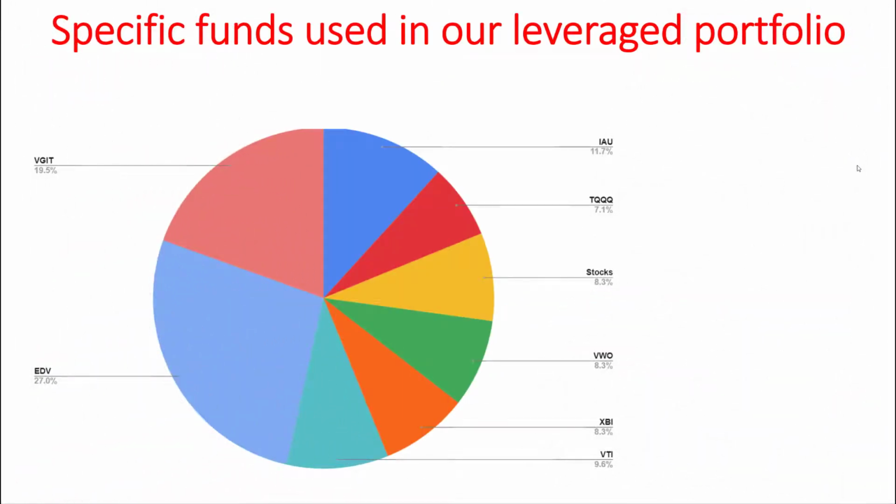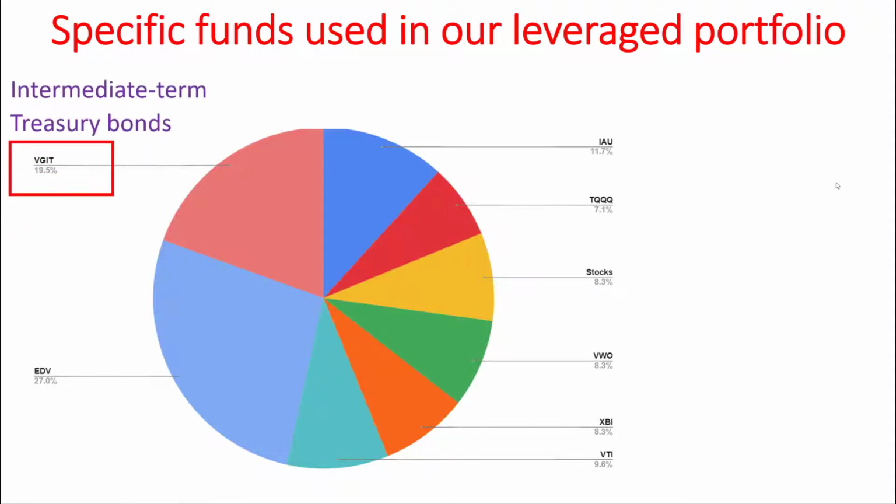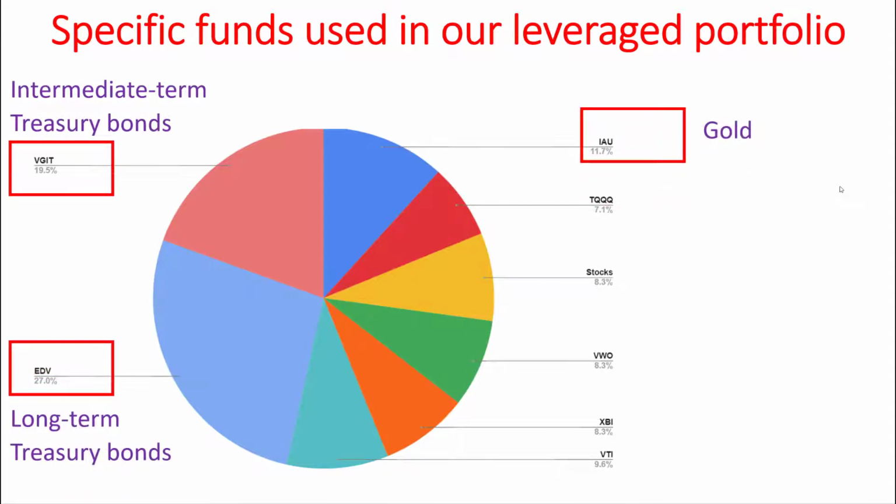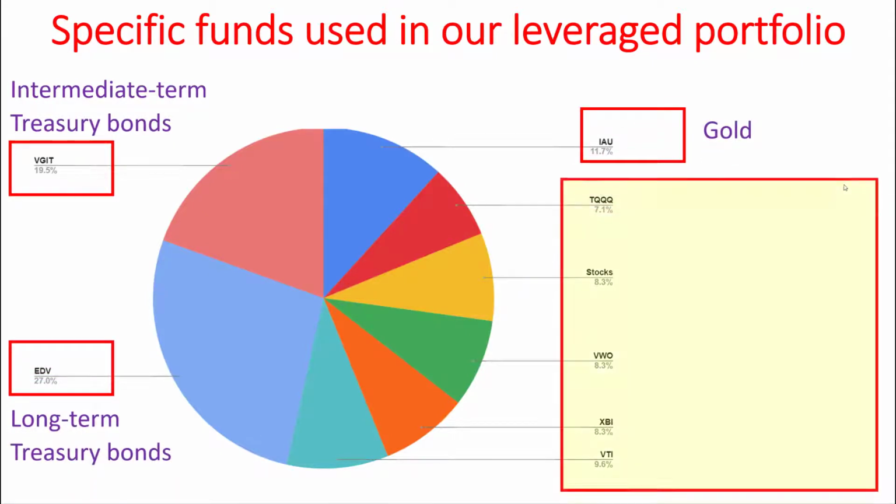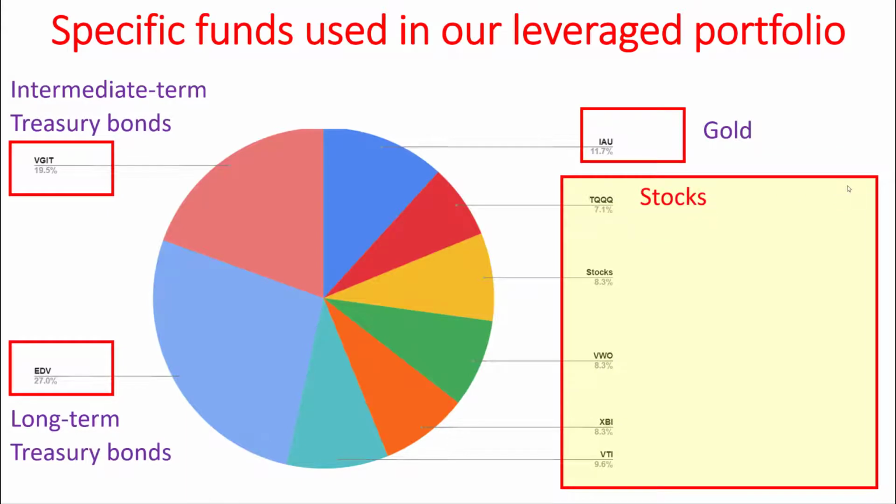This chart shows the specific funds used in our leveraged portfolio. As you can see, the leveraged portfolio is a variation of Ray Dalio's all-weather portfolio. It includes the following asset classes: long-term treasury bonds, intermediate-term treasury bonds, gold, and stocks. The stocks are where the leverage is applied.